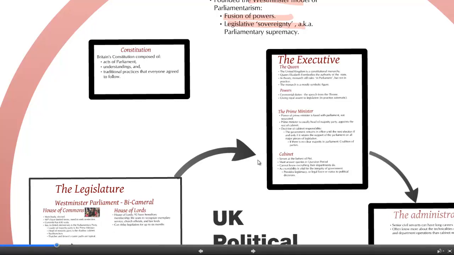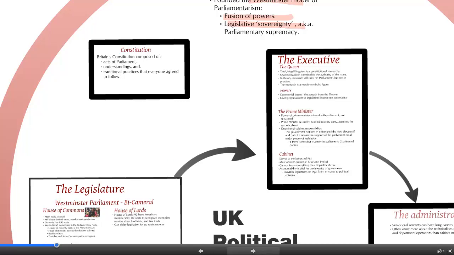So because of how this dynamic is created, an individual member of parliament has a much greater degree of pressure to toe the party line in the United Kingdom than their colleagues in the American Congress have.